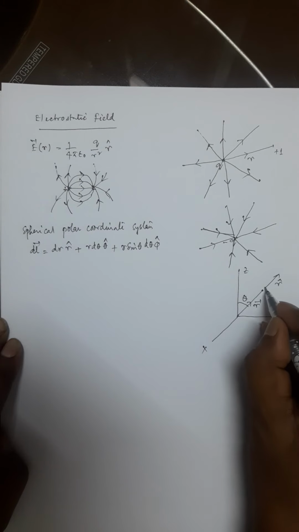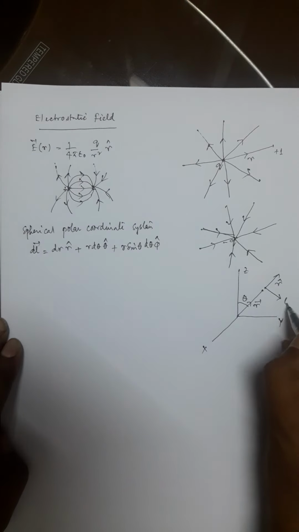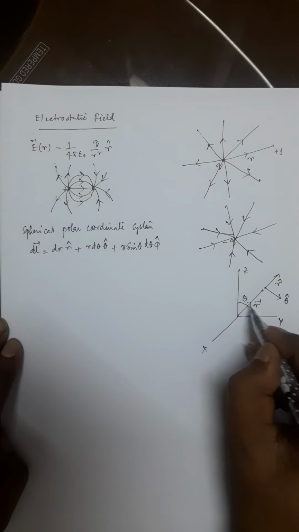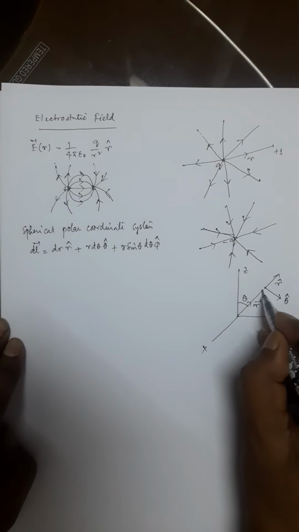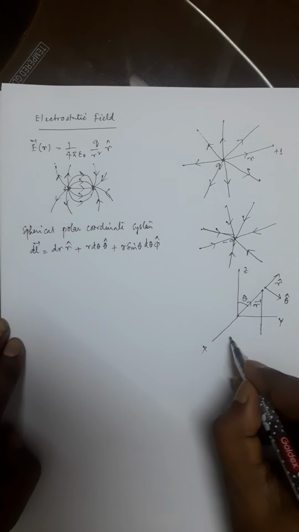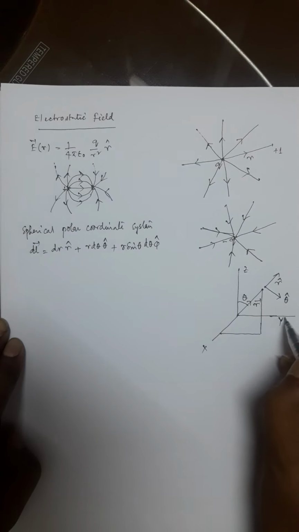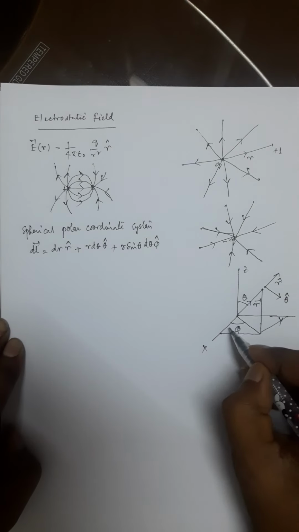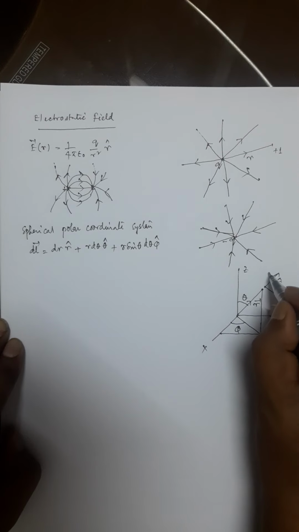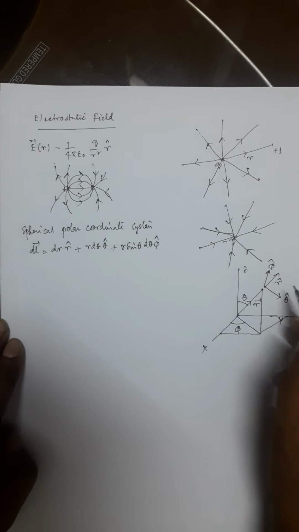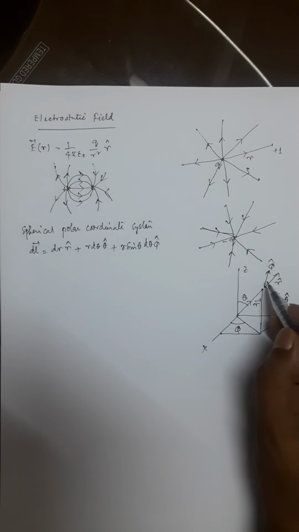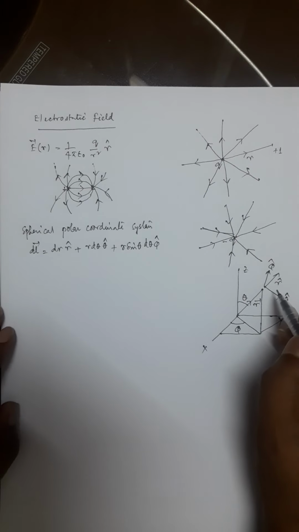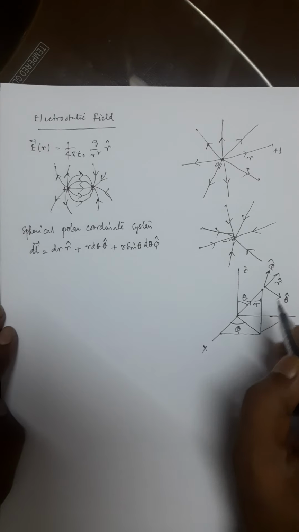At this point the unit vector theta hat is taken along the direction of increment of the polar angle theta, and there is another angle which is called the azimuthal angle, and along the direction of increment of this azimuthal angle we can take another unit vector which is phi hat. So r hat, theta hat, phi hat are three unit vectors mutually perpendicular to each other, and they constitute an orthogonal system in the spherical polar coordinate system.